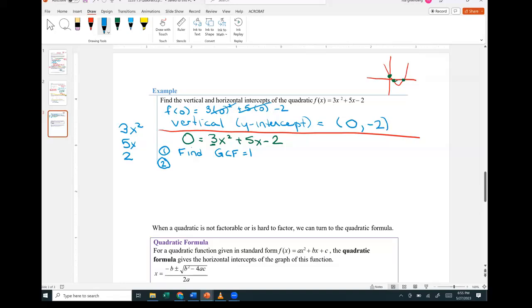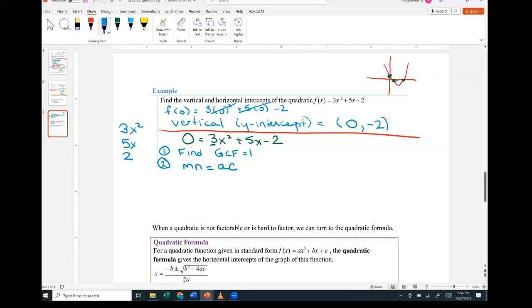I want to find 2 numbers, and I usually call them m and n. They can be called anything. They're just 2 numbers, and I don't know what they are, so I need letters to represent them, right? So I would say that m times n has to equal a times c.